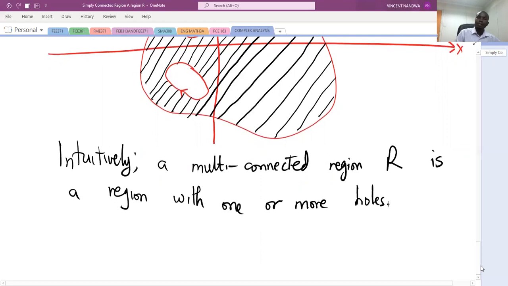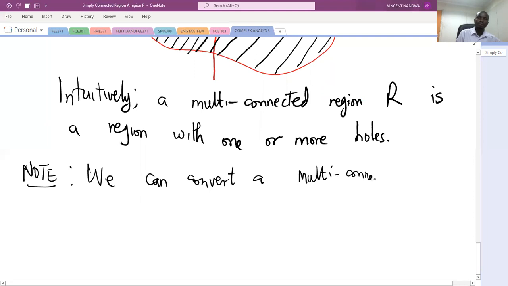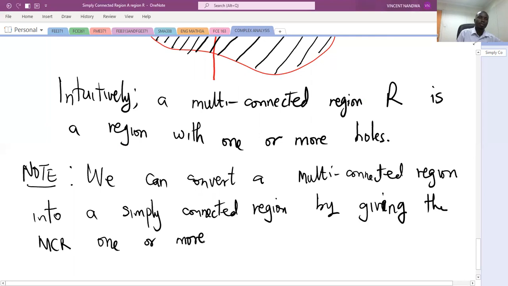And then note that we can convert a multi-connected region into a simply connected region by giving the multi-connected region one or more cuts.